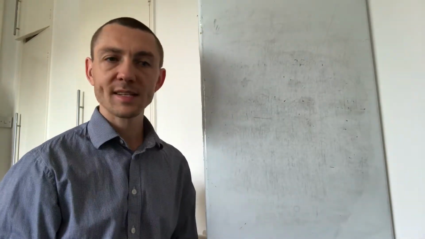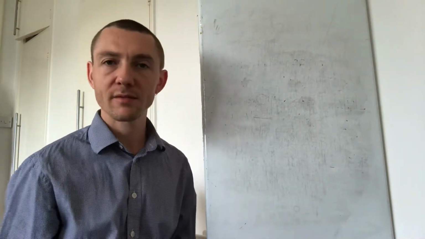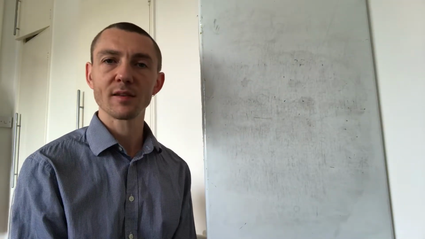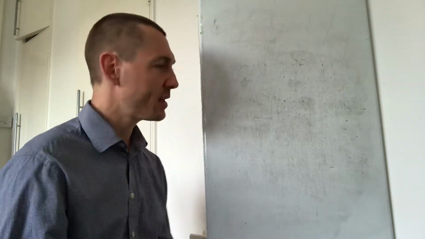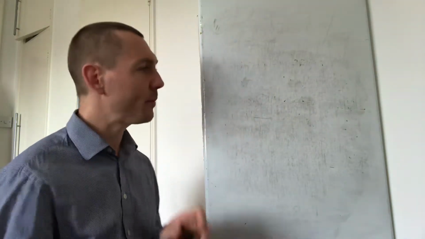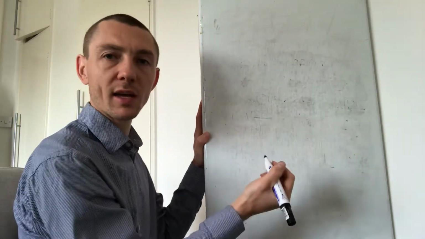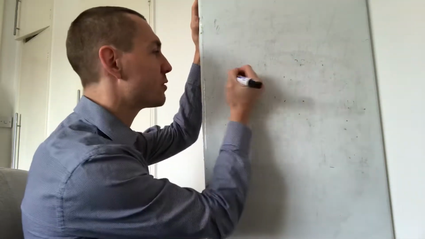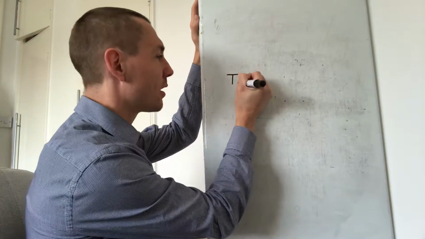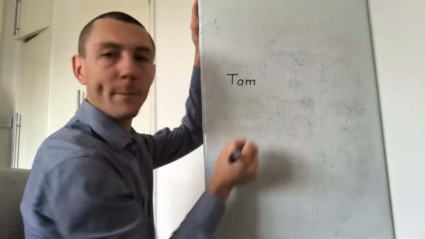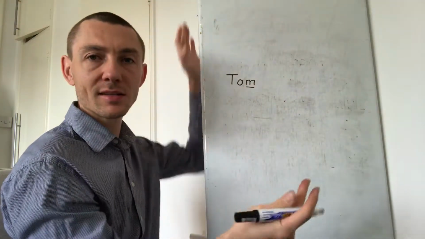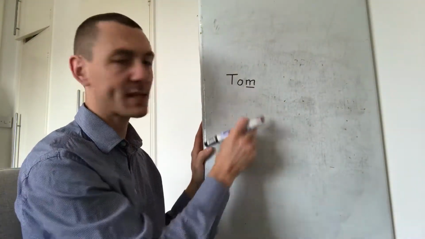The next thing I want you to do is read a piece of writing that I've written, and this time we're going to be looking for different spellings of the sound. So, if you saw the word Tom, you would read it and think, there's a t sound in Tom. I'm going to write it on my list and underline the letter or letters that are being used to spell the sound.